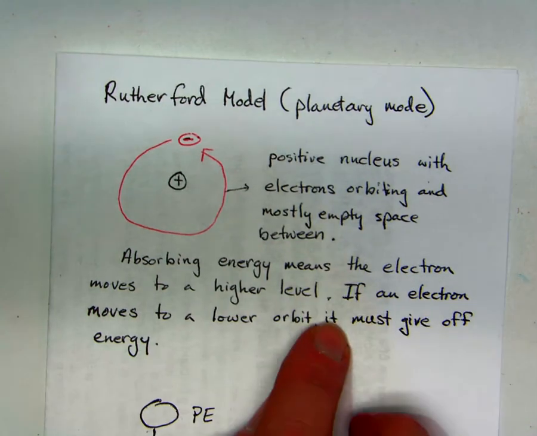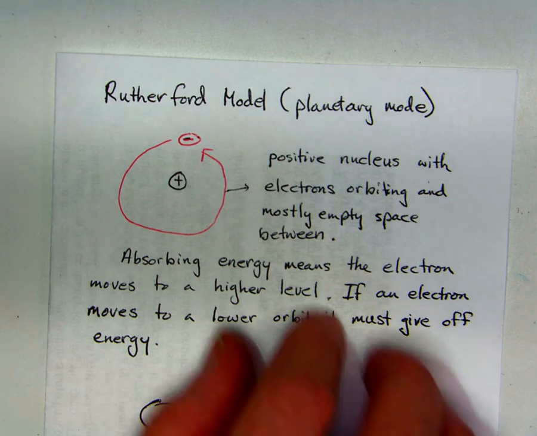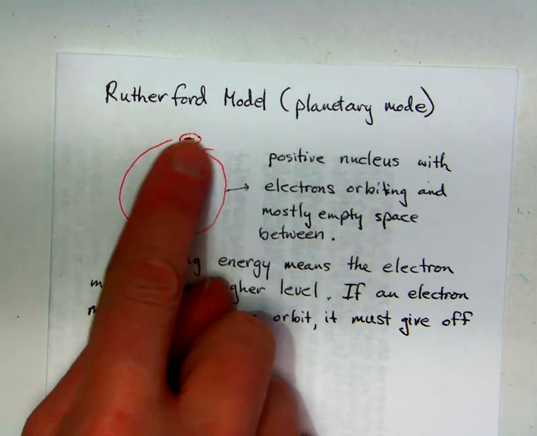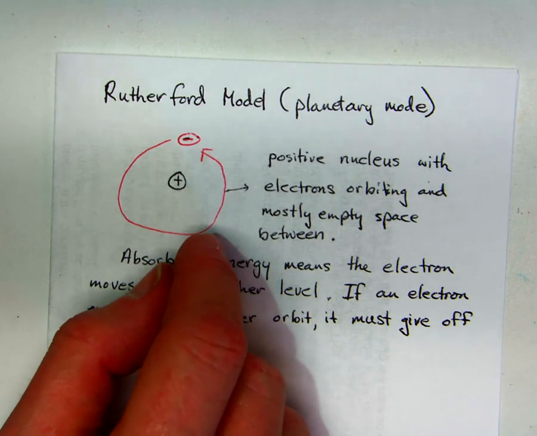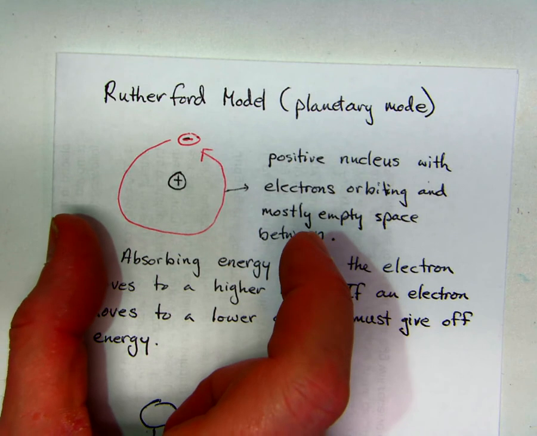So when he said a lot of empty space between, he means a lot of empty space in between. The nucleus is very, very small, about 10 to the minus 15th meters. The size of this first orbit is about 10 to the minus 10th meters. Okay, so a whole lot of empty space in between.